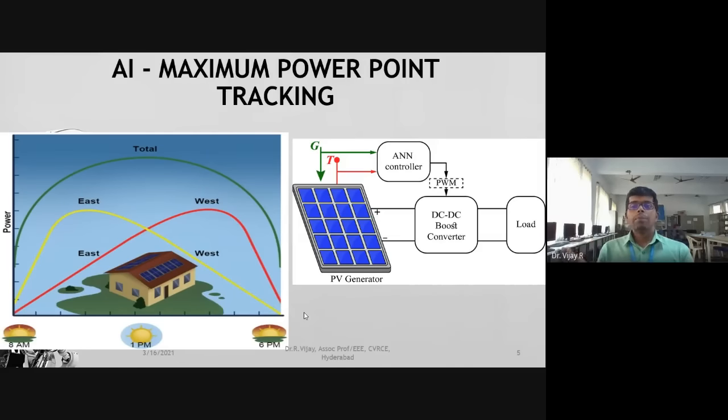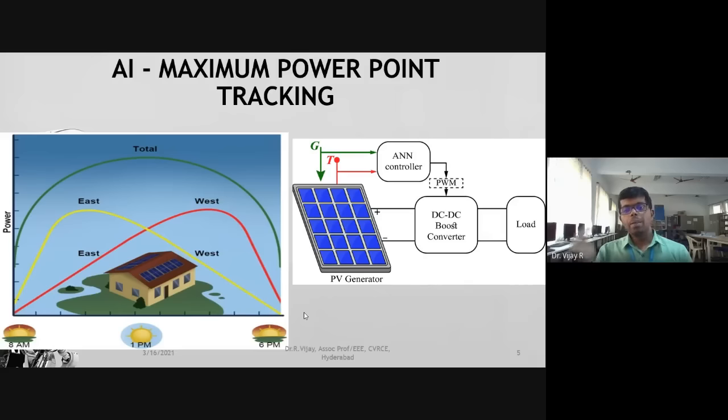Some intelligence system has to be there. Imagine the battery is connected directly to your grid.